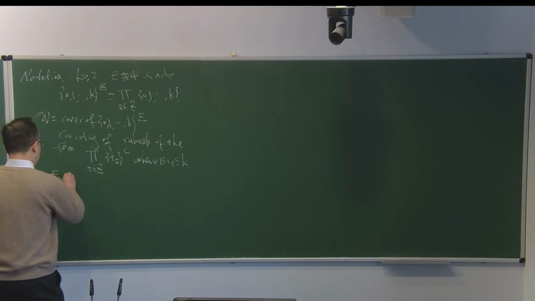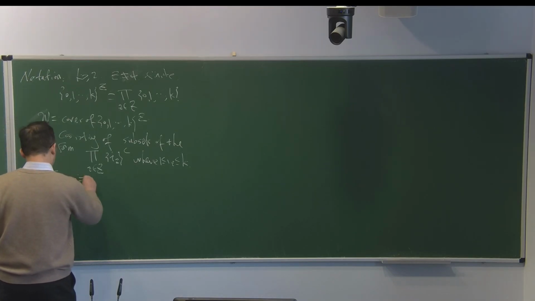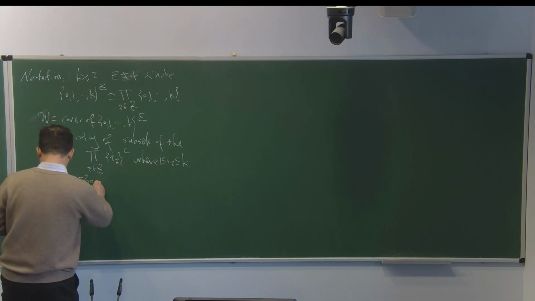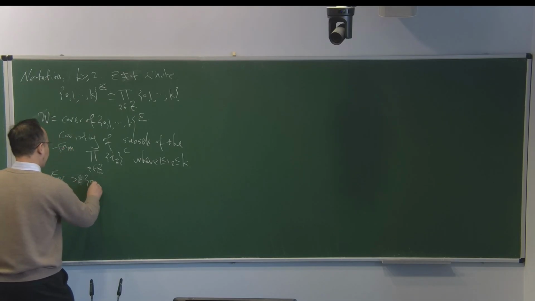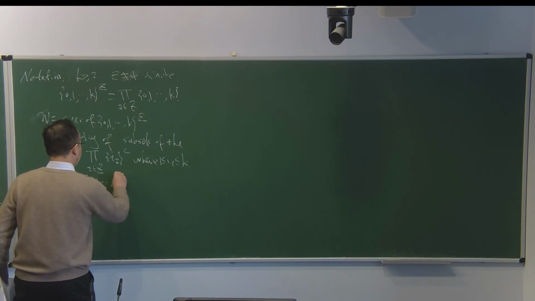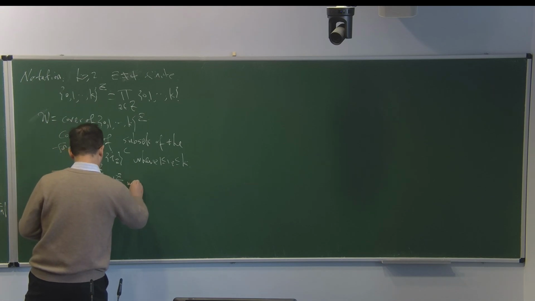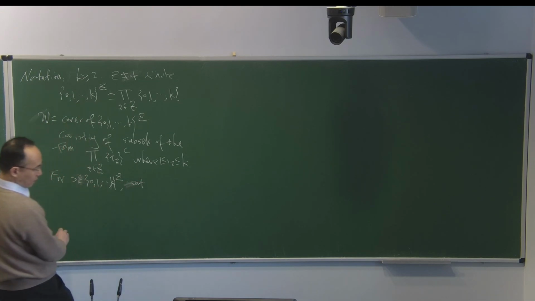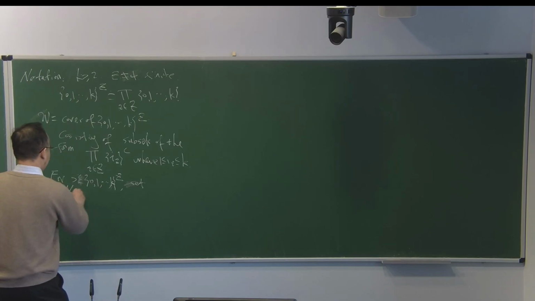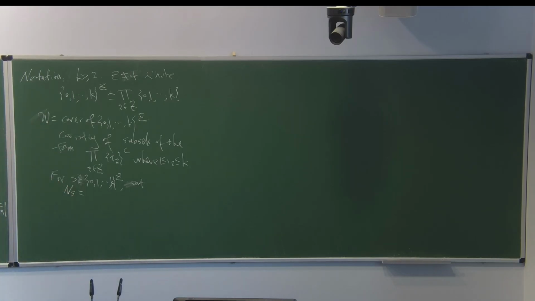Then for S, if you have a subset of this product set, we just write n sub S, pretty much like the definition of the entropy here.